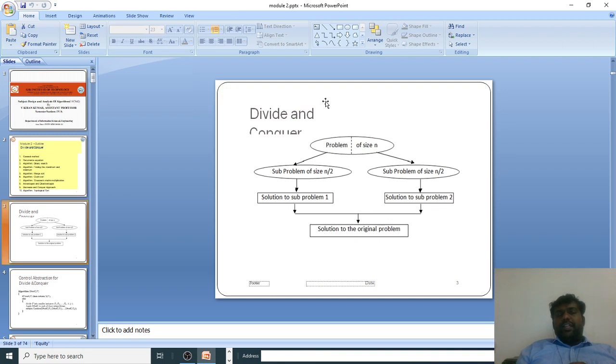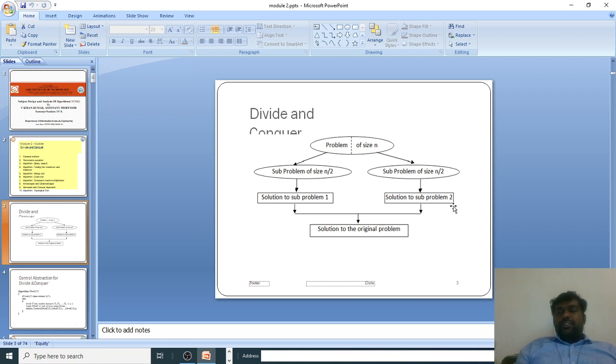In divide and conquer technique, what we are going to do, there will be a problem of size n. You're going to divide this into n by 2. You're going to divide it into n by 2. And further, you're going to divide until and unless you're going to get only one element. Then you're going to find out the solution to the subproblem, that is for the left hand side of the subproblem.